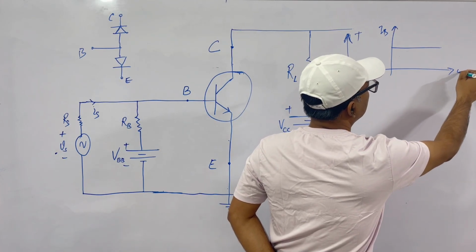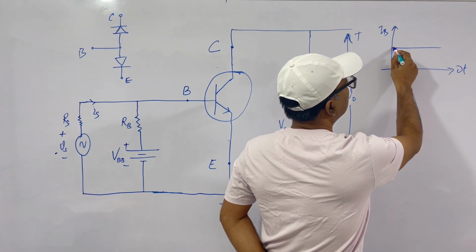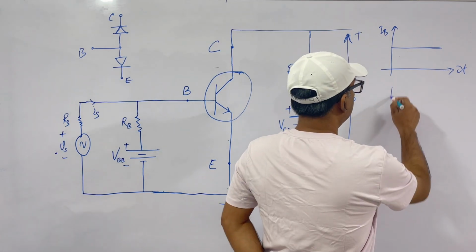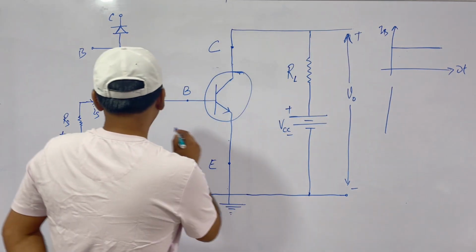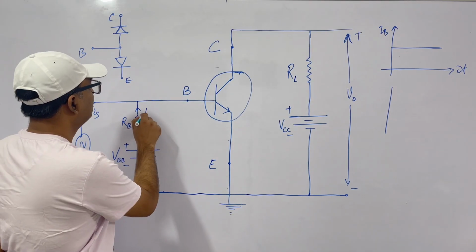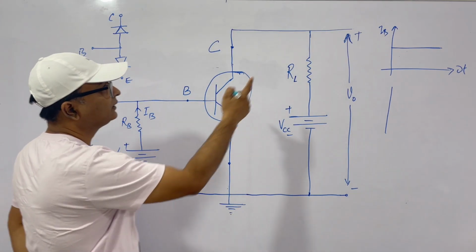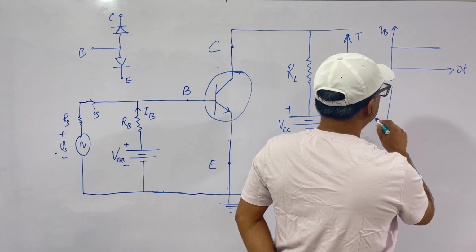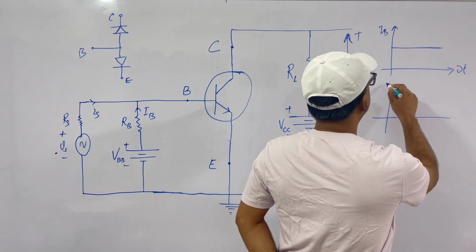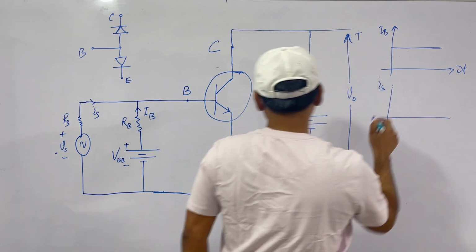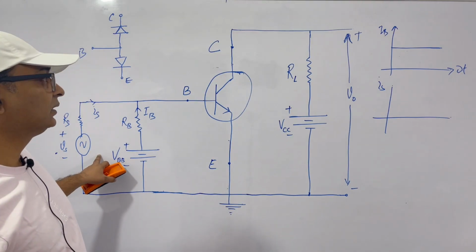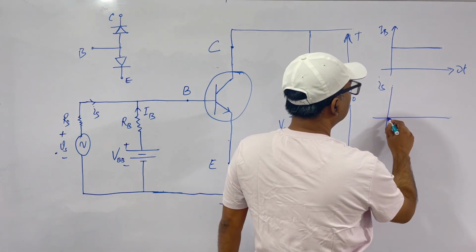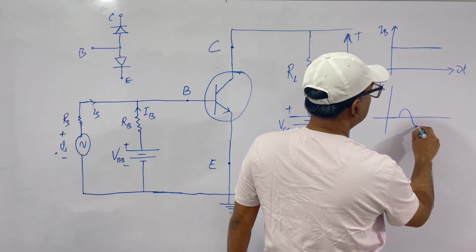If this is omega t, this is DC current, plain, clear? So if IB is from this point, it is like this, a simple DC current. Second, we have IS from the source, the AC source. Let this source be like this, a sinusoidal source.